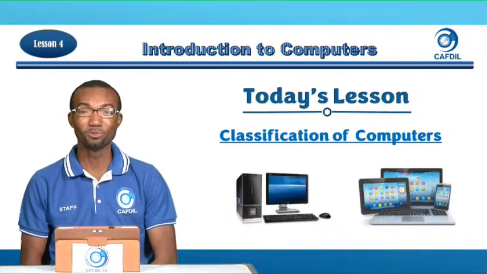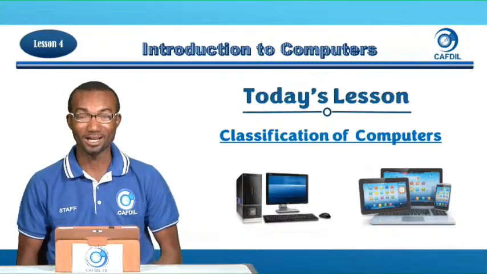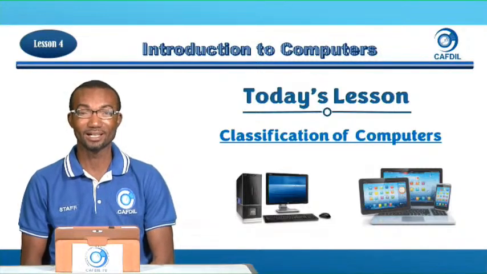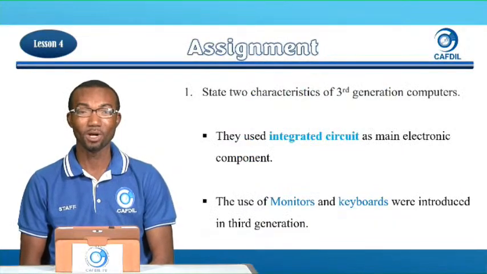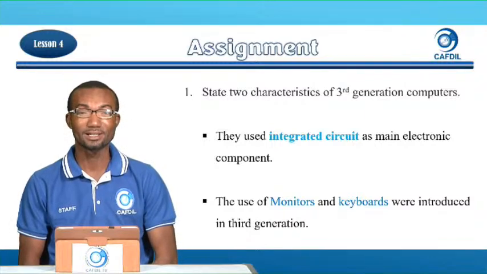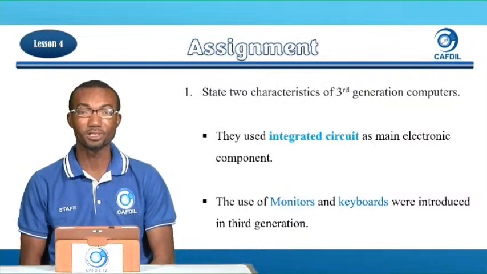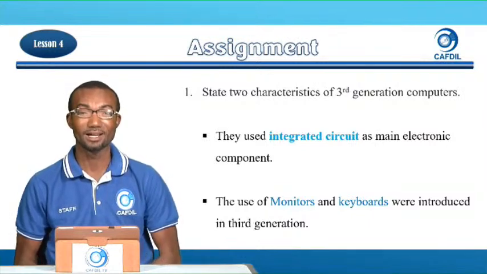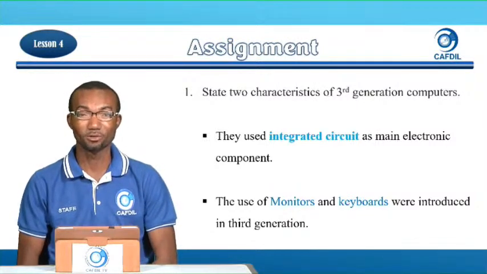But before we move to today's lesson, let's mark the homework or the assignment you were given the other time. 1. State two characteristics of third generation computers. One, they used integrated circuits as the main electronic component.